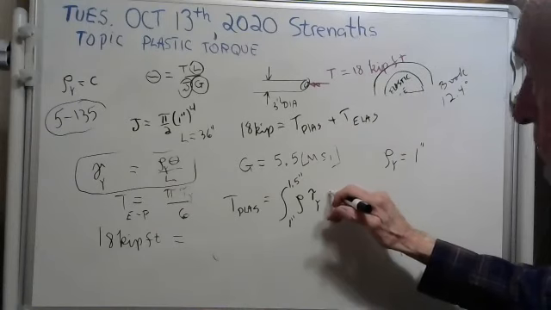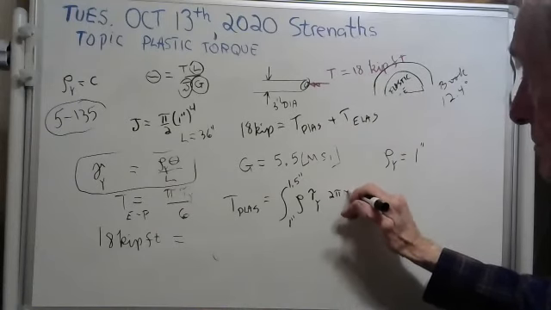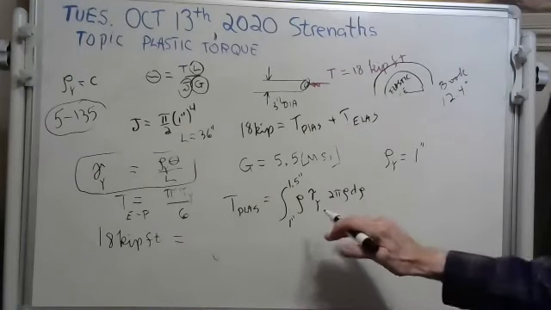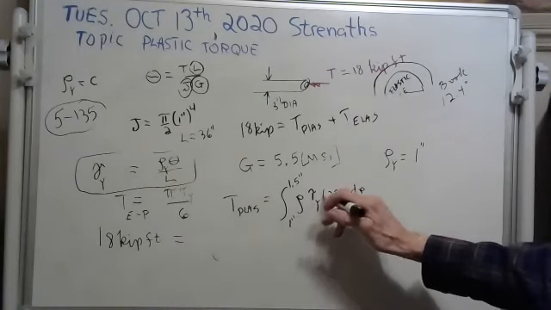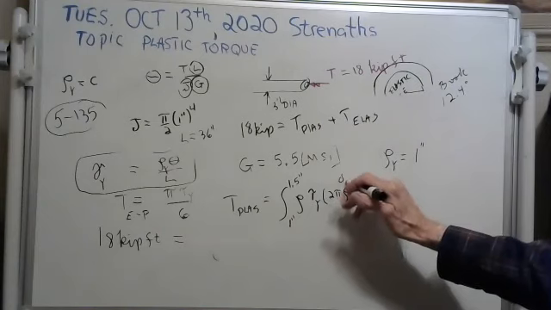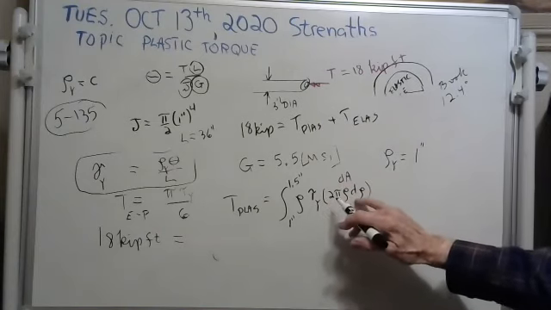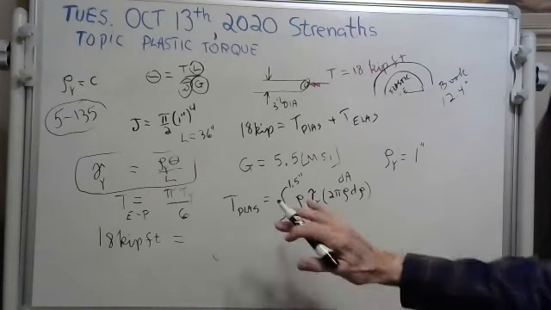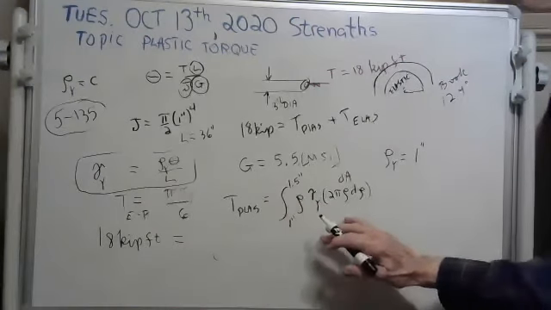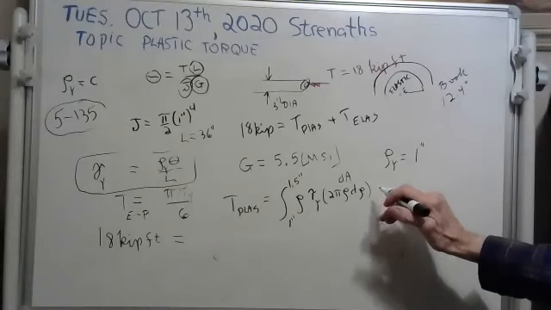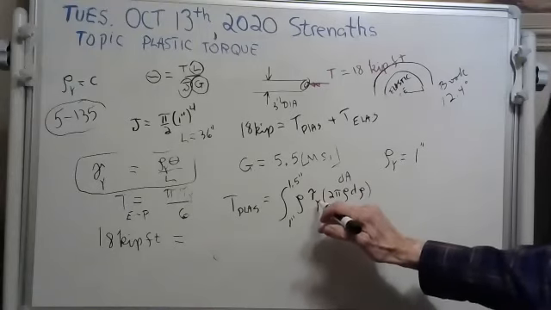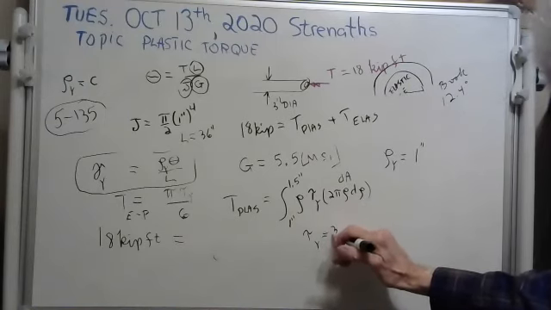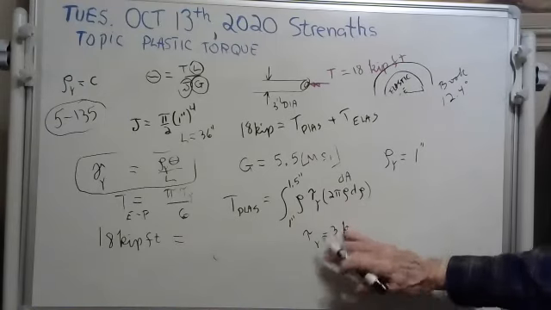Times your area, which is 2 pi rho d rho. See, if you take your stress times your area, dA, circumference times thickness, that'll give you your force, times your distance gives you your torque. This you could solve. We know what that is. That's equal to 33 ksi.